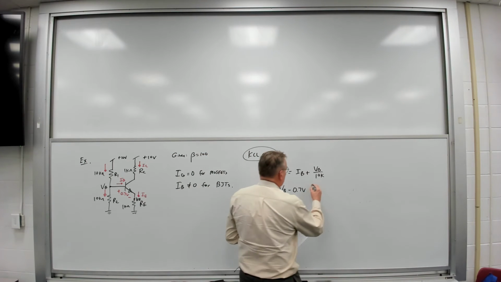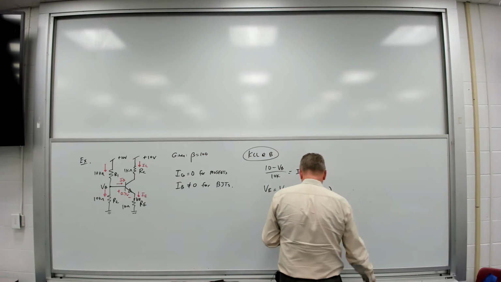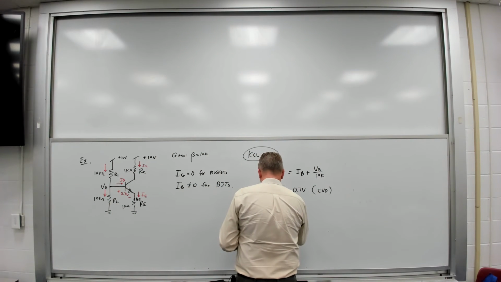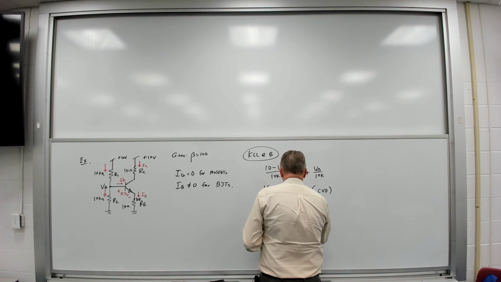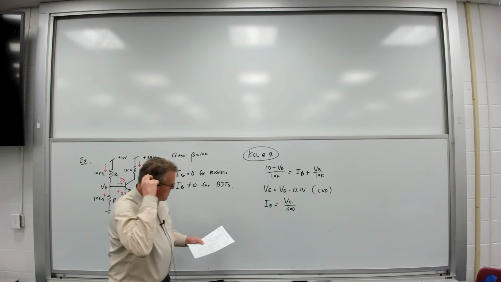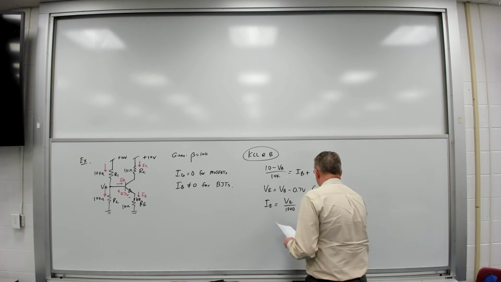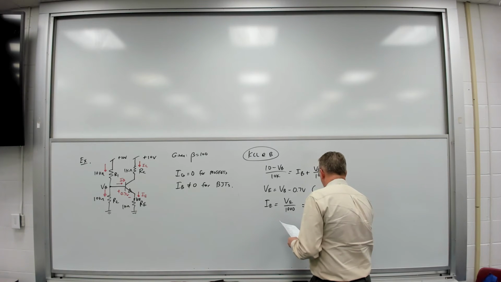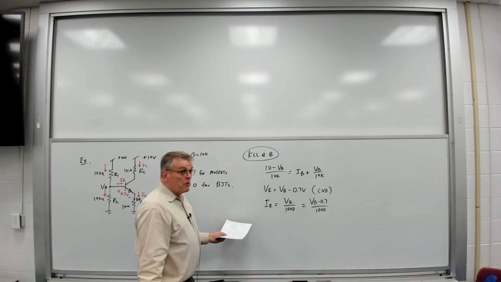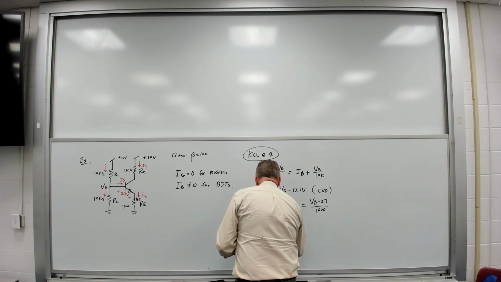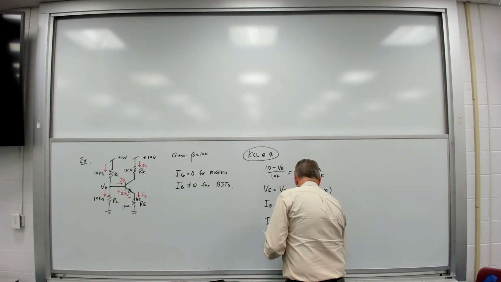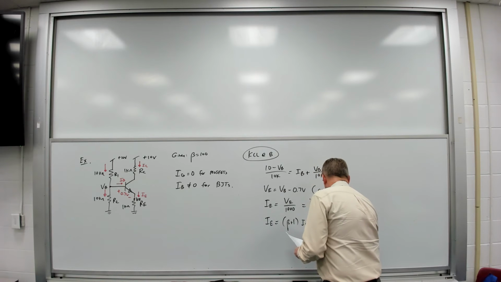And again, that's the constant voltage drop approximation. And IE will therefore be equal to VE over 1,000, which is VB minus 0.7 divided by 1,000. We also know that IE will be equal to beta plus 1 times IB, which is 101 times IB.